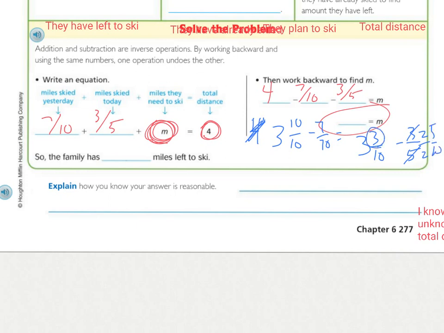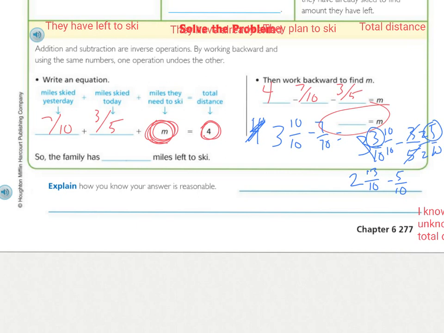I can't take the 5 away from the 3, so again I'm going to have to borrow. So that's going to make this be 2. And if I change that to be 10/10, it's going to be 13/10 minus my 5/10. And 13 minus 5 is 8.